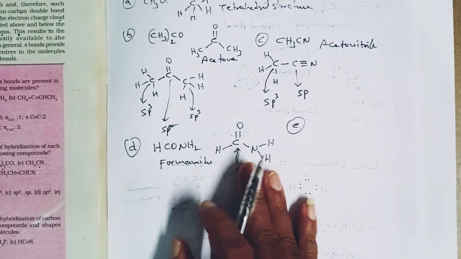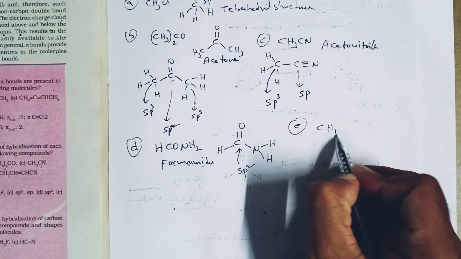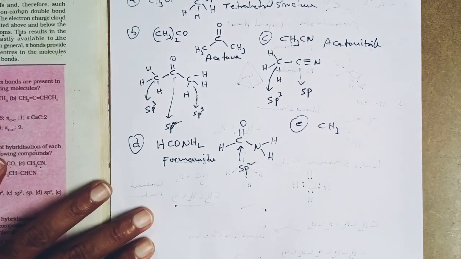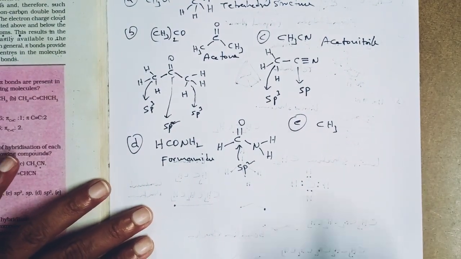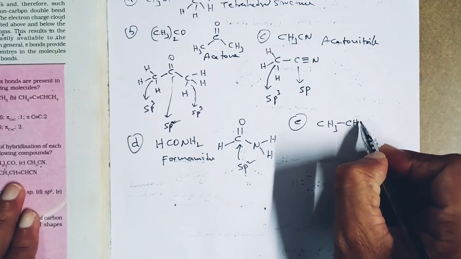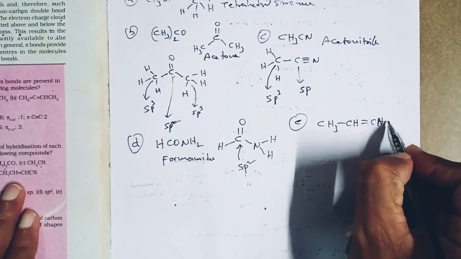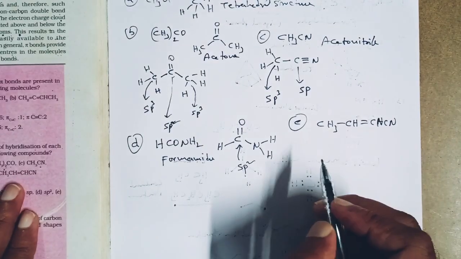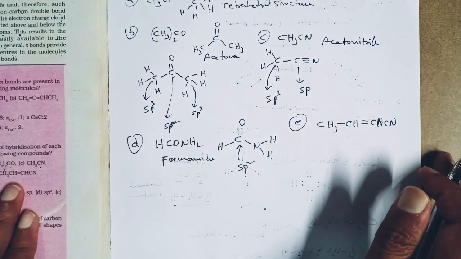Structure E is CH3, CH double bond CH, CN.